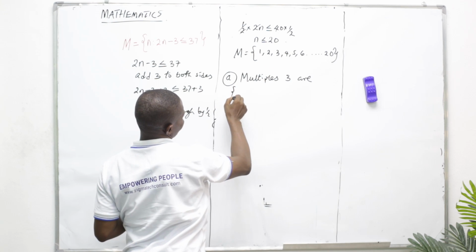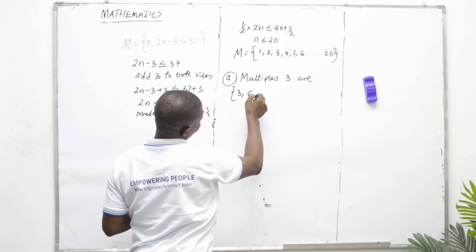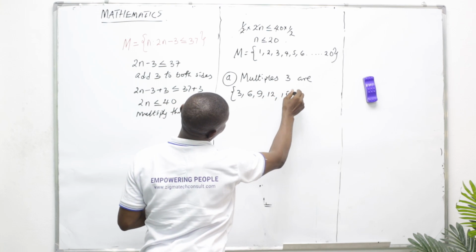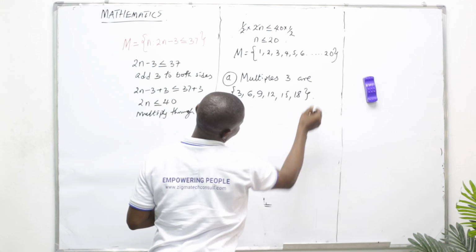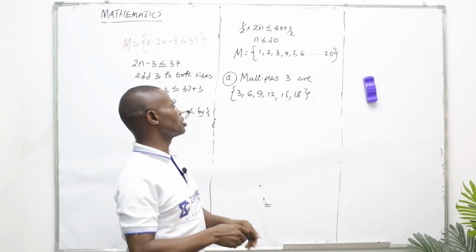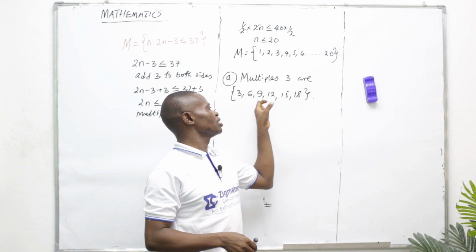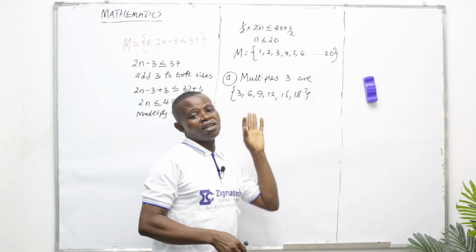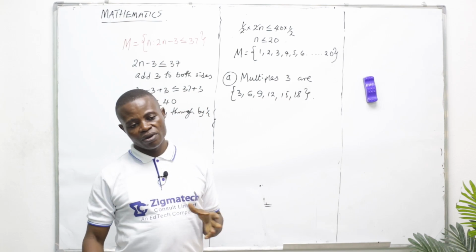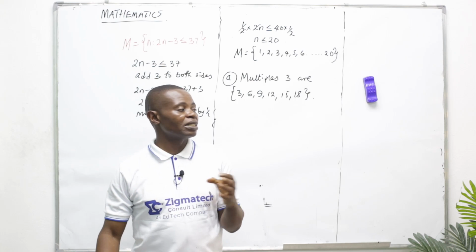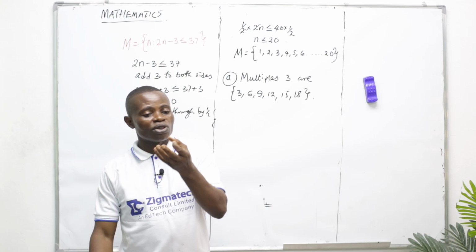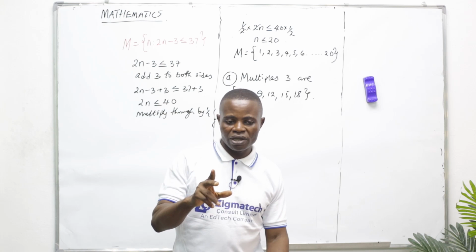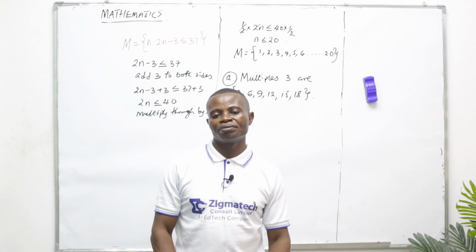That is 3, 6, 9, 12, 15, 18. If you use the linking method by saying 3, 6, 9, dot, 18, you are wrong, because the numbers hidden are not all multiples of 3. Be wise when you are solving.